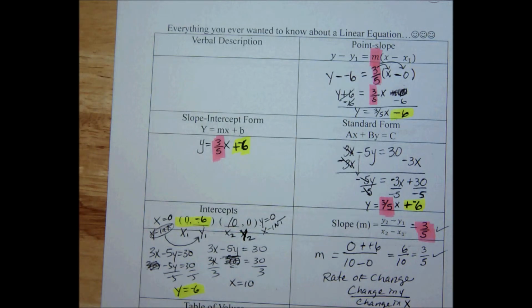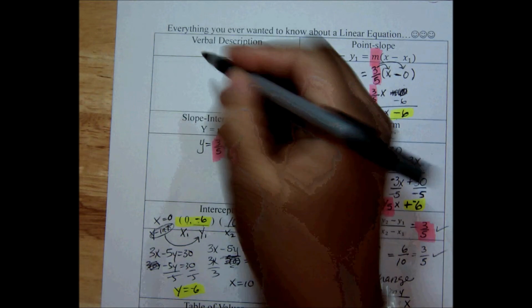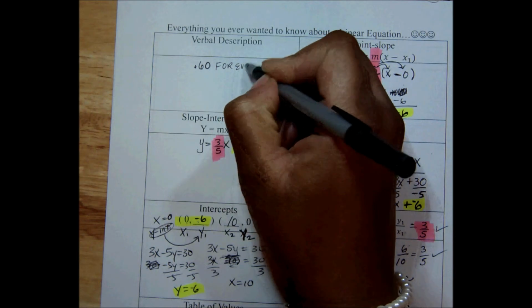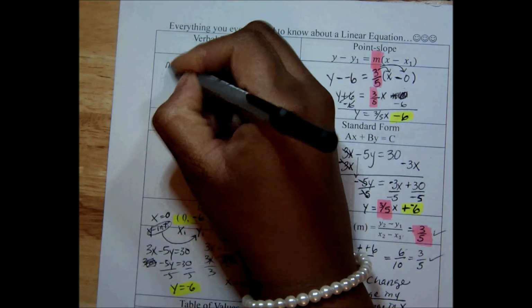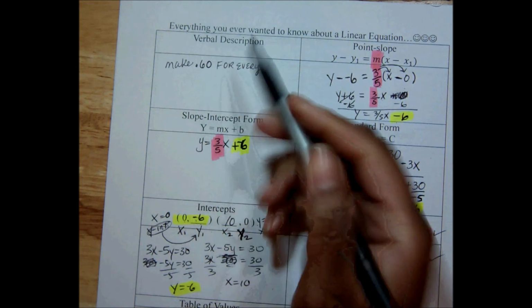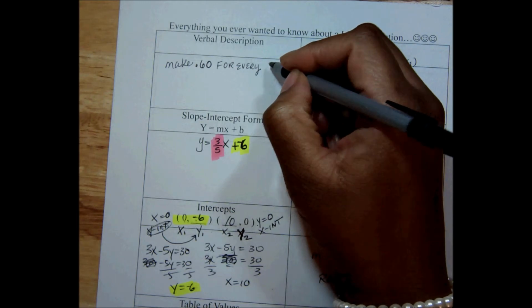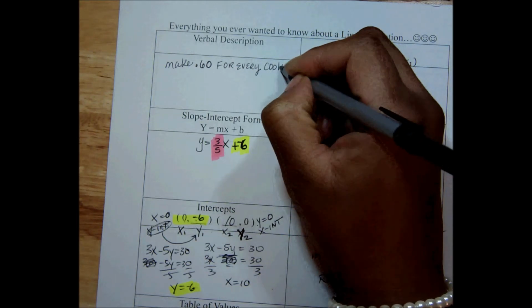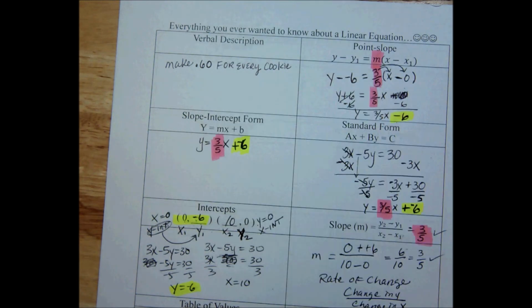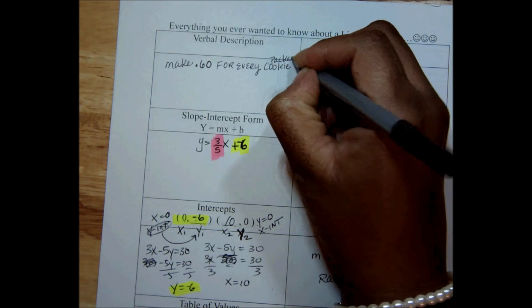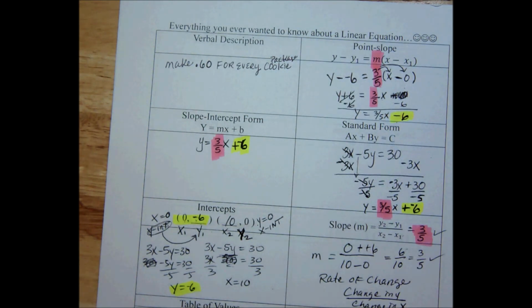I am going to make 60 cents for every, I don't know, what can I sell? Cookies? For every pack of cookies that I'm going to sell. Okay? Let's say package of cookies. So I'm going to make 60 cents for every package of cookies.